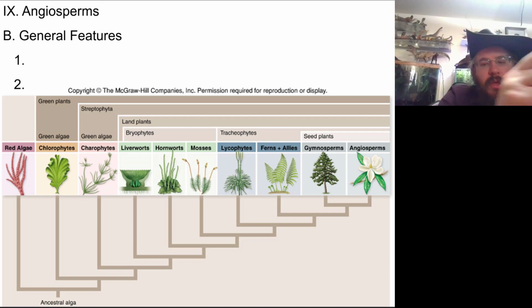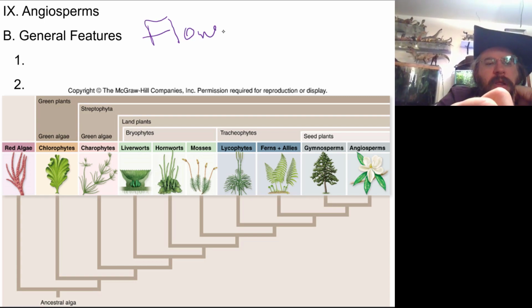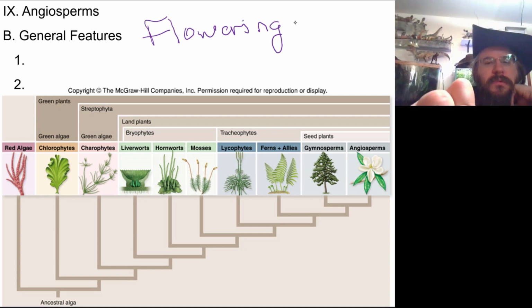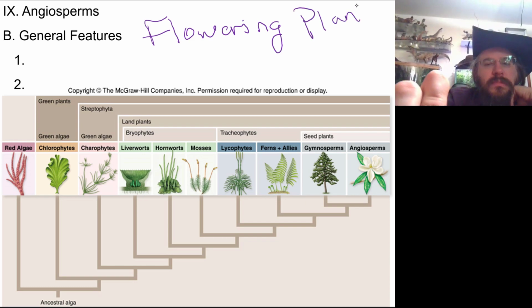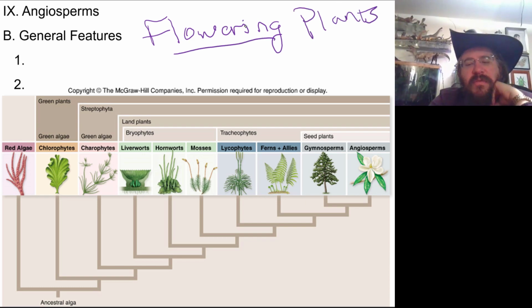Angiosperms. 1. We refer to angiosperms as flowering plants. Hence, one of those shared derived features, one of those synapomorphies of angiosperms being flowers.